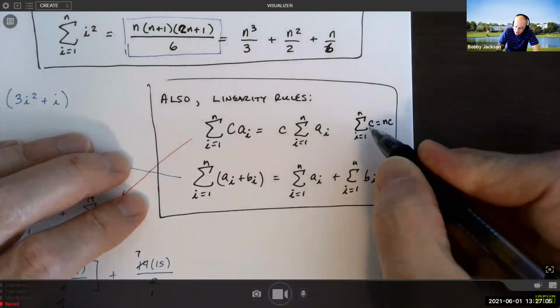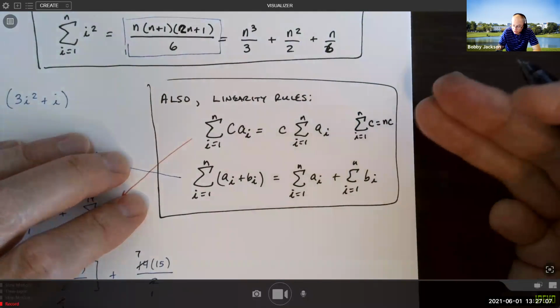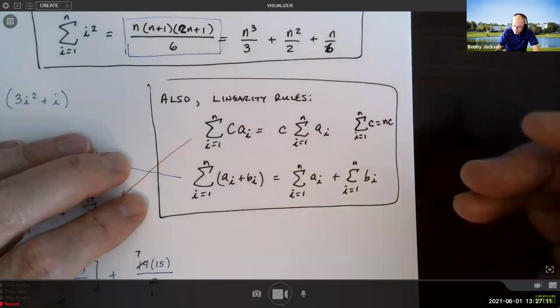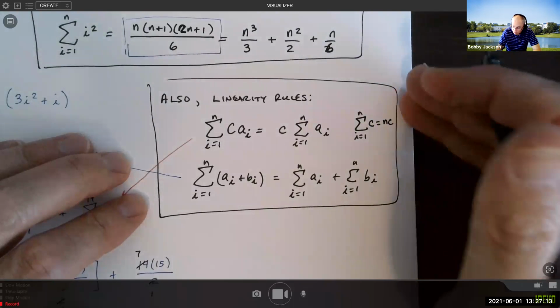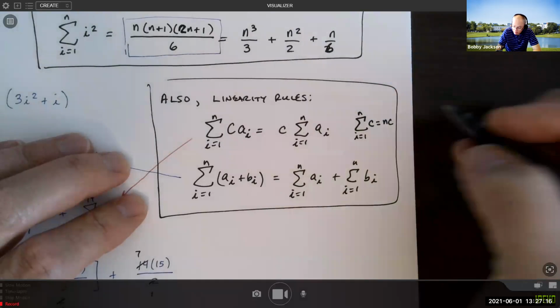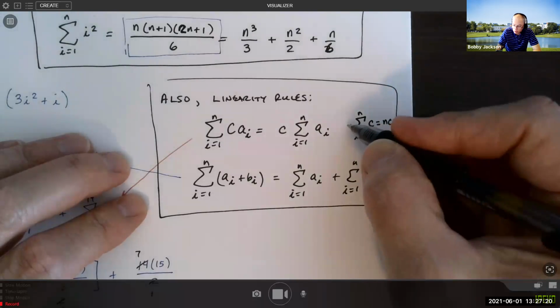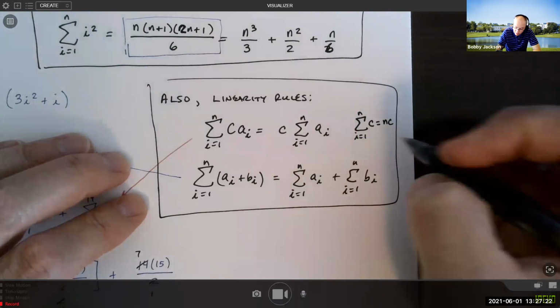So really you can bring that constant out, and then you're doing 1 plus 1 plus 1 plus 1 plus 1, n times. And then you would do n times whatever constant you pulled out. That's how you're getting n times c.